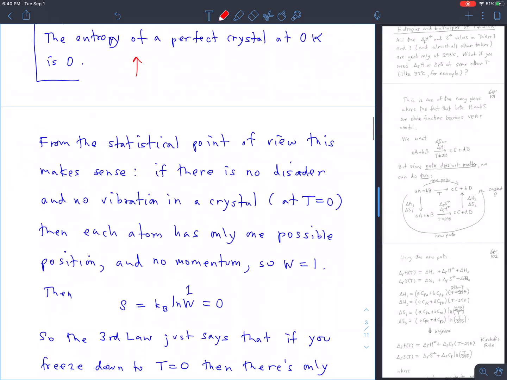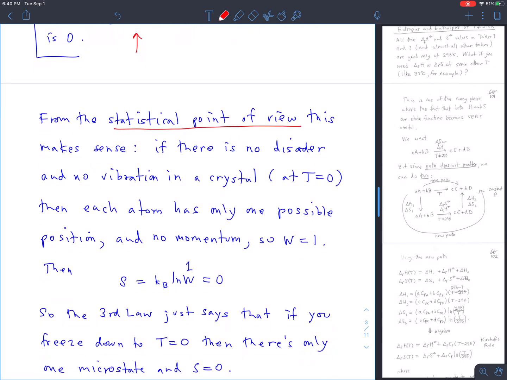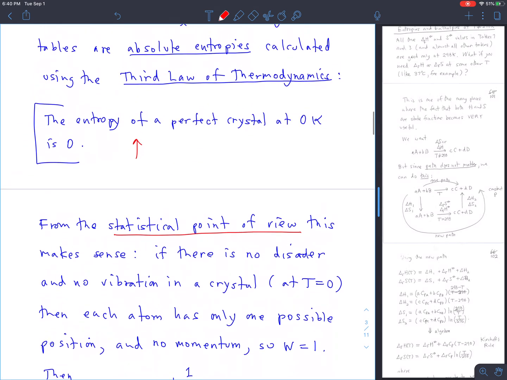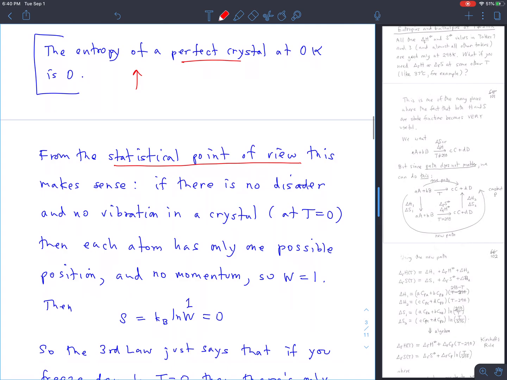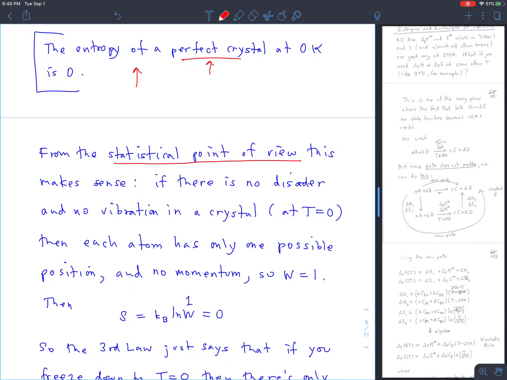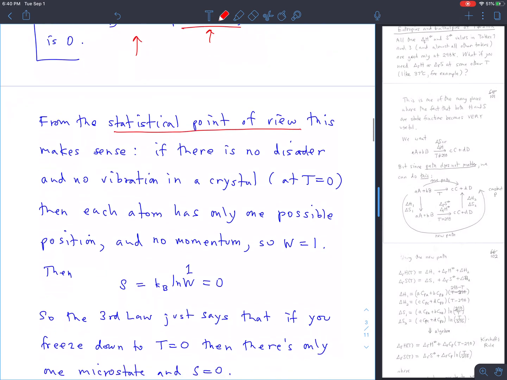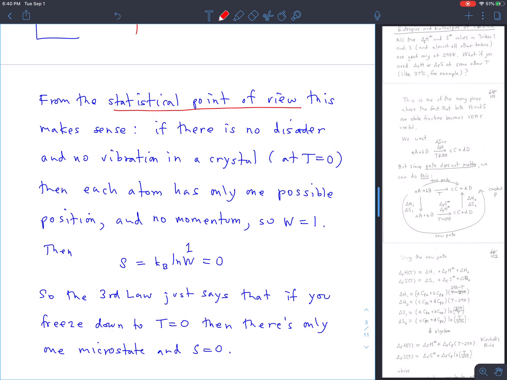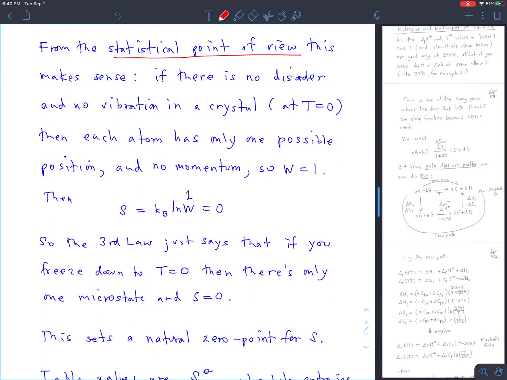Well, from the statistical point of view, if I freeze a system all the way down to 0 K, everything's got to be a crystal at that point, right? There are no gases at 0 K. And if there's no imperfections in the crystal, no defects, no impurities or anything like that, then every single atom, every single molecule has only one possible position, one possible orientation, and it's not vibrating, and nothing else is going.